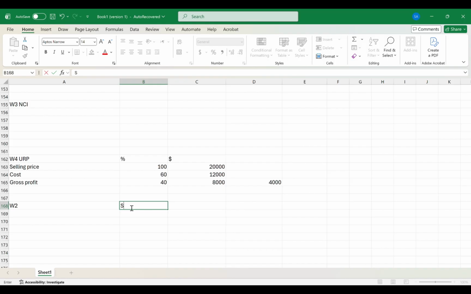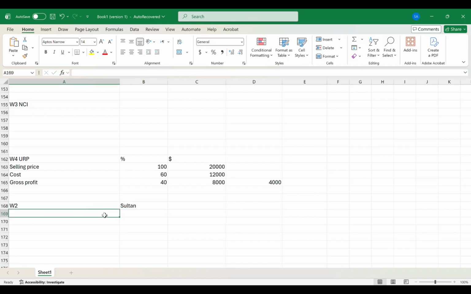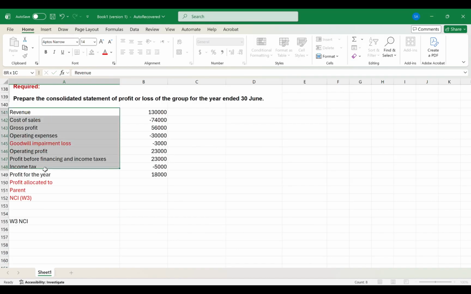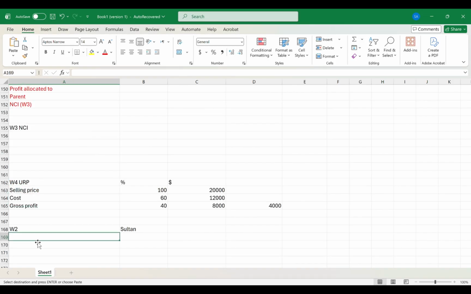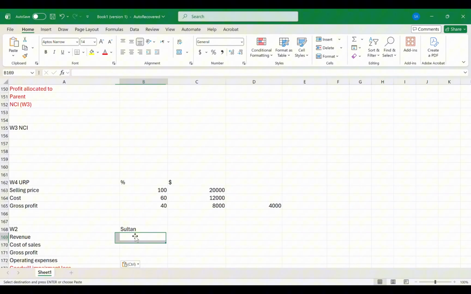Okay. So we'll only find Sultan. So we'll just take all this figure. So Sultan's revenue is 50,000.